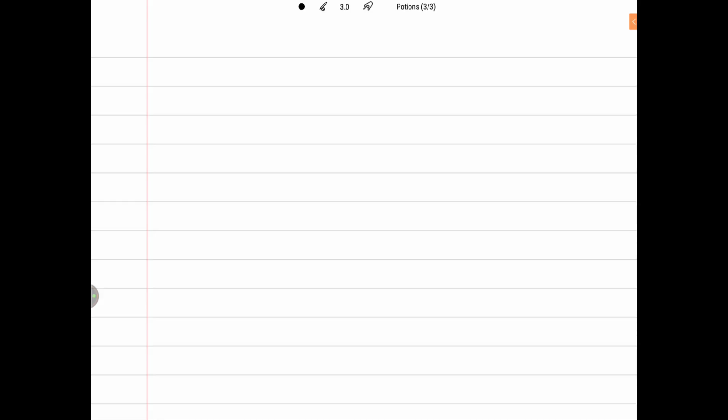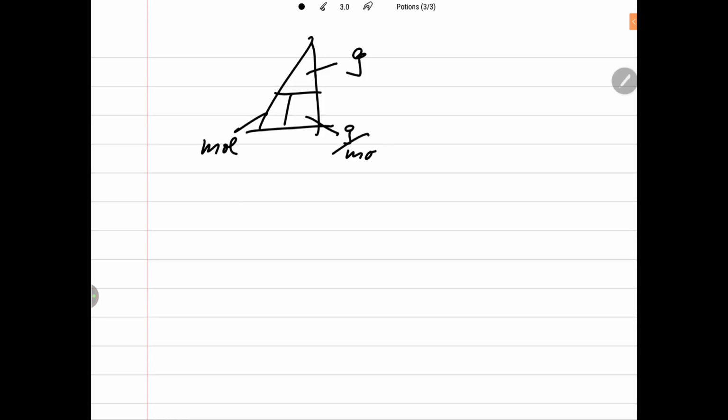Was that right? Or you had this triangle. Did anyone do that with a triangle? You did, yeah? So you had gram, you had here mole, and you had here gram per mole. Is that right? Have I done it right? Yeah.